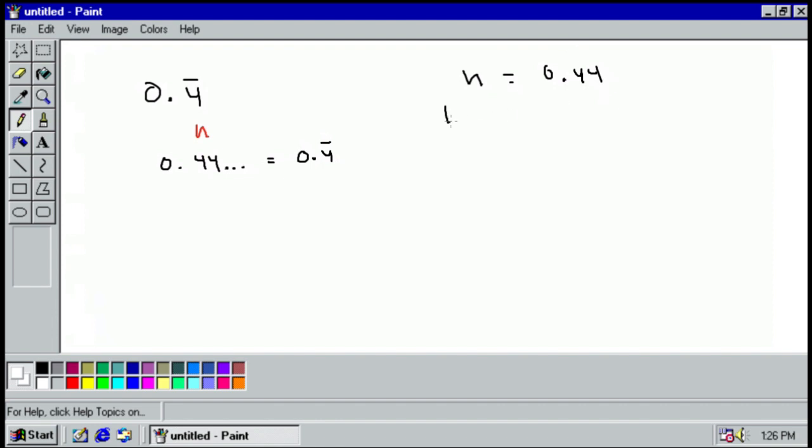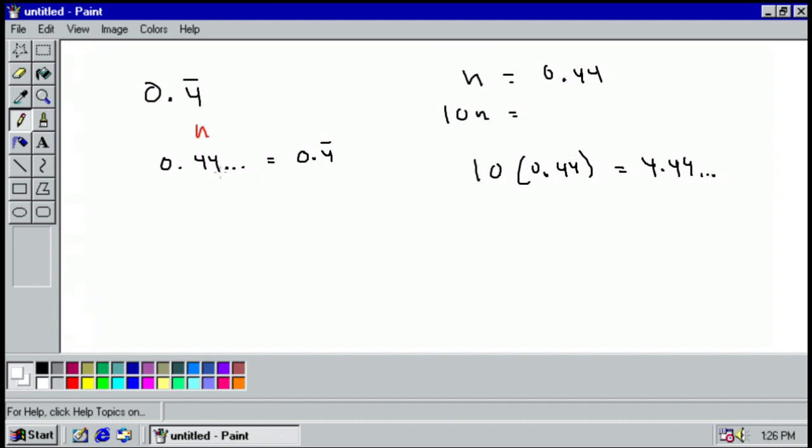We need 10 n's, right? Because 10 times 0.44. Since we have 1 zero, we're going to move the decimal point by one place. So we have 4.44. Where did I get the 4? It's from this part, since it's repeated.